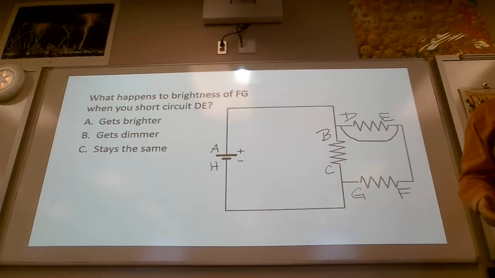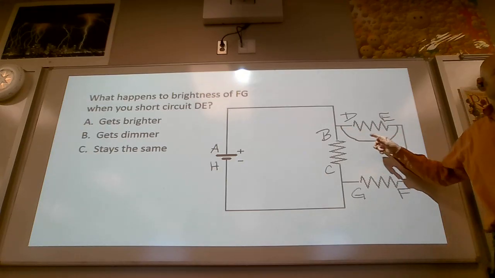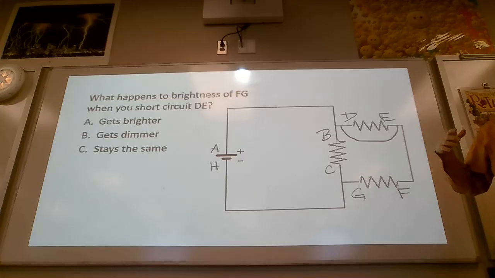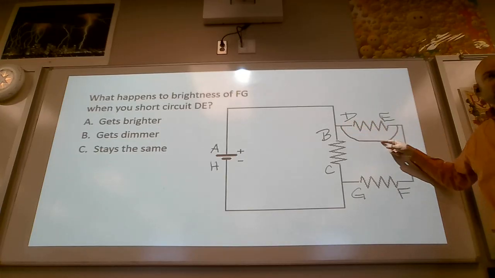You've heard the saying electricity takes the path of least resistance. I hate that because that leads to misconceptions, but it works well when you short circuit something. Short circuit means you have a circuit that's complete that doesn't have much resistance.